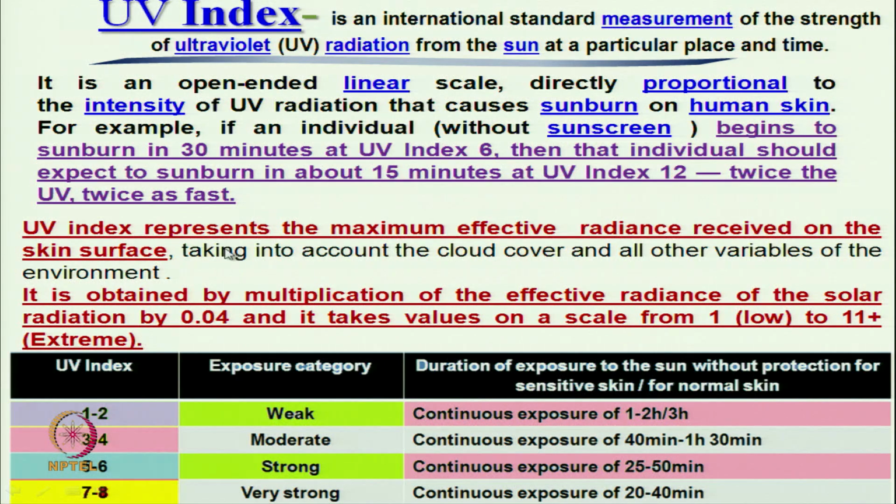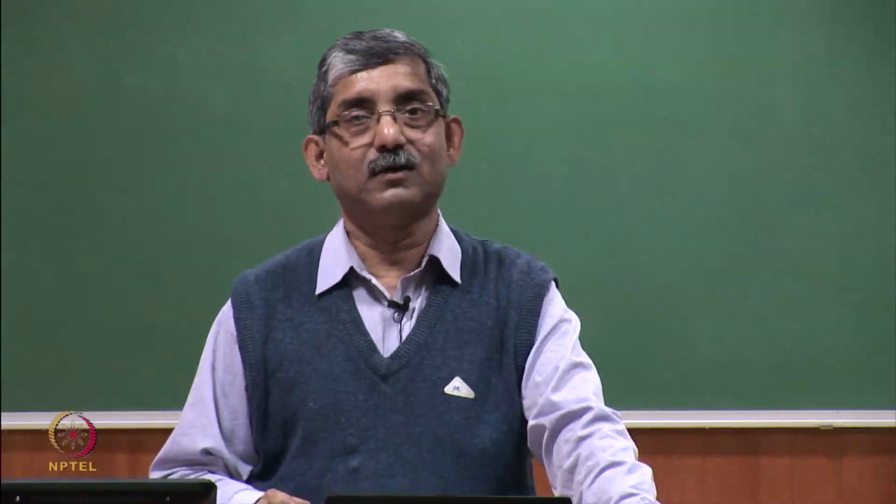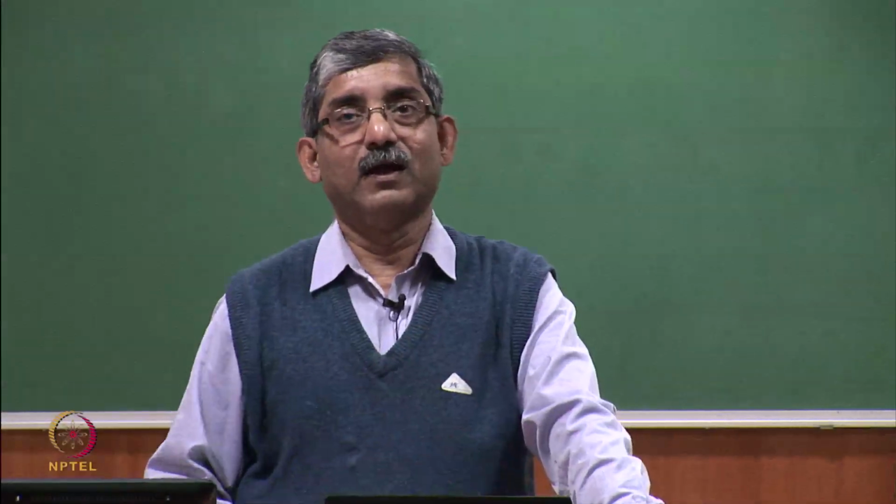So, UV index represents the maximum effective radiance received on the skin surface, taking into account cloud cover and all other variables of the environment. So, we must know the UV index, and that is the maximum radiance which is reaching our skin.